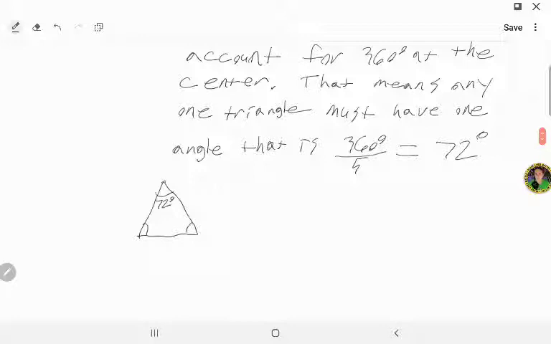And so we notice that we can take 180 minus 72 is equal to 108. And then we know those other 2 angles have to be 108 divided by 2 is 54.